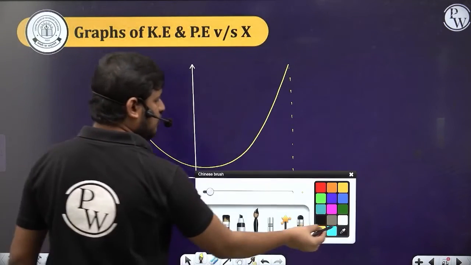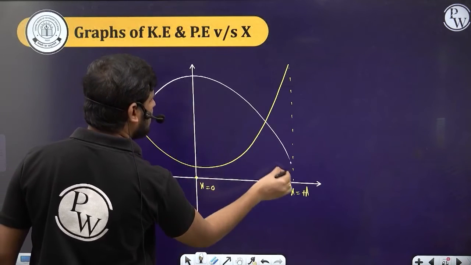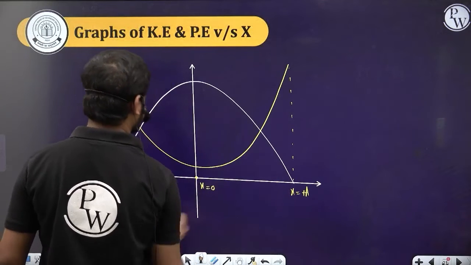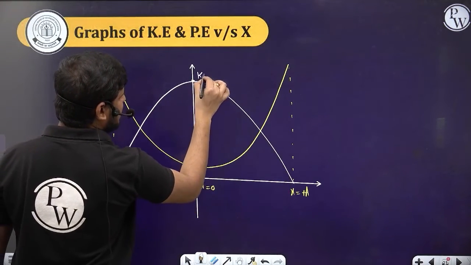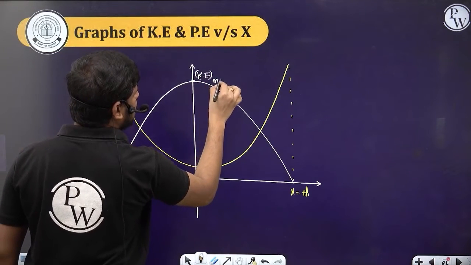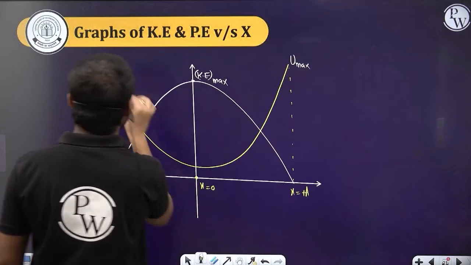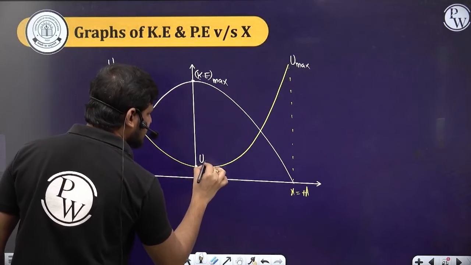And then one more thing, if you draw the kinetic energy, the kinetic energy will be maximum at the mean position. This is KE max and this is U max, so the potential energy is maximum here, and this point is the potential energy minimum.